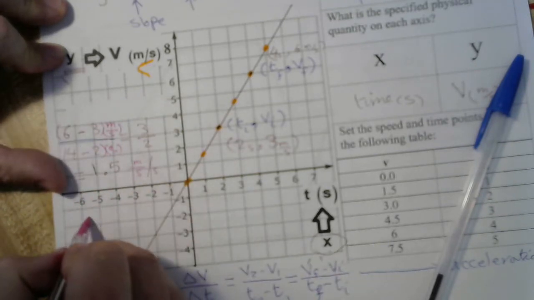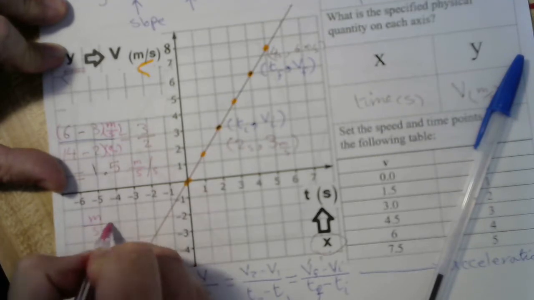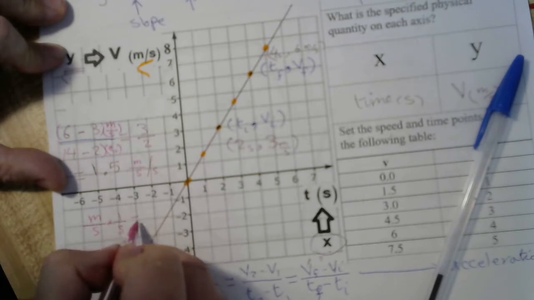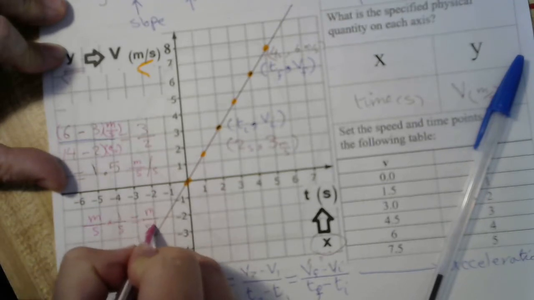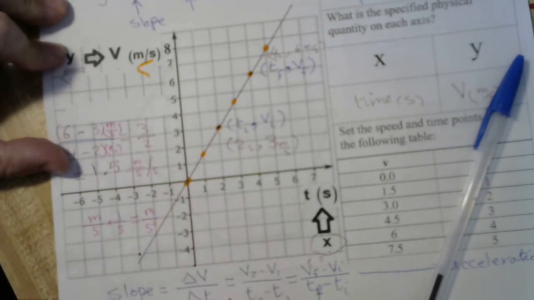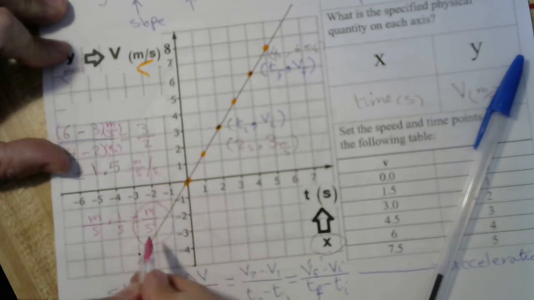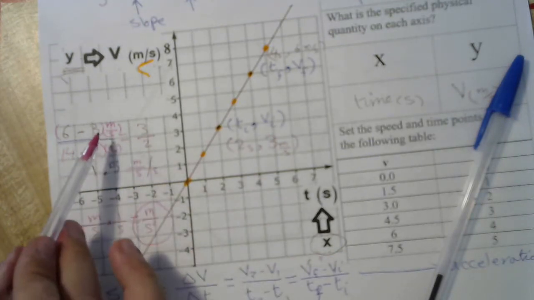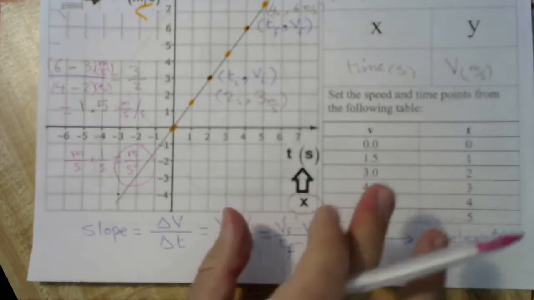In this case, it is meters per second multiplied by 1 over second, which is meters per second squared. So the unit of acceleration is meter per second squared, but the unit for velocity is meter per second. Is that clear? Okay, I'll move to the next example.